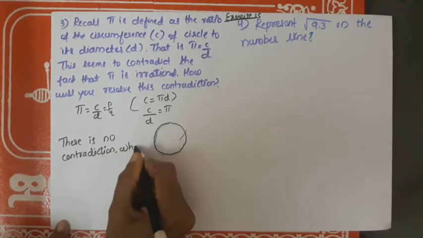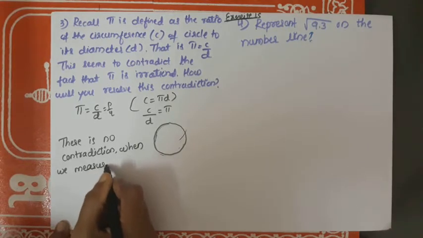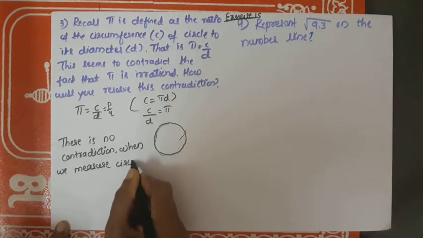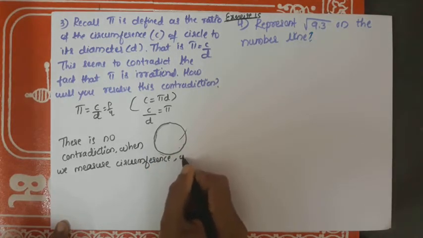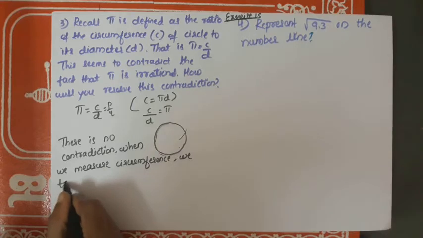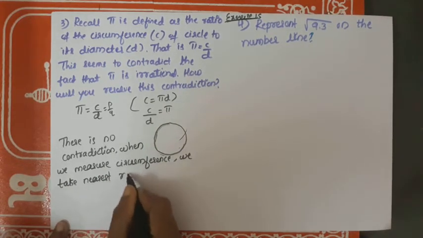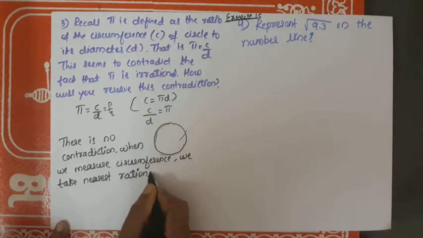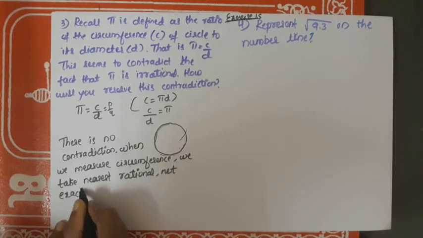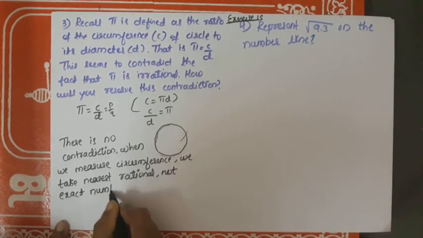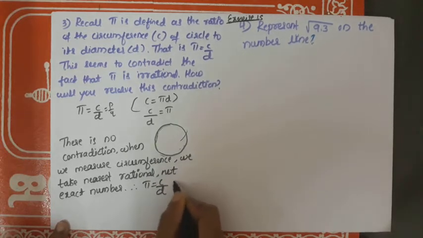When we measure the circumference, we take the nearest rational number, not the exact number. So therefore, pi equals c by d is irrational.